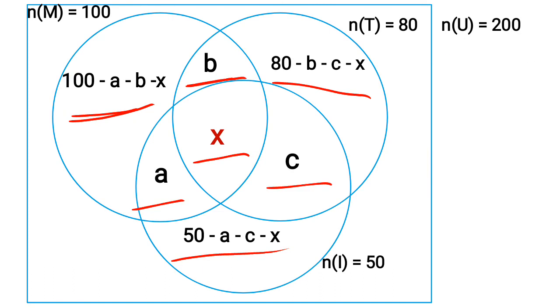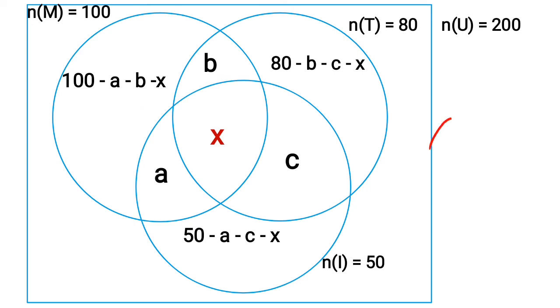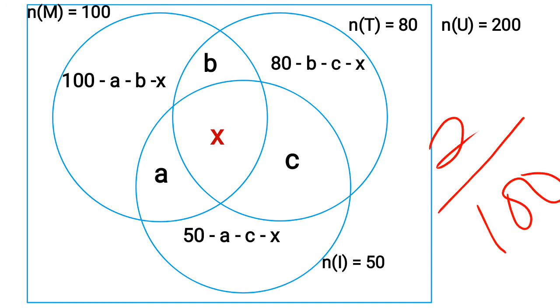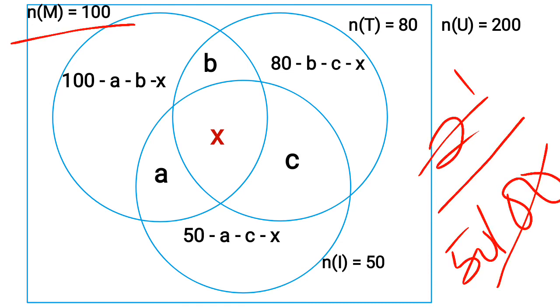That's going to be 2 because you have seen our x, that is those who had all 3 complaints, to be 2 over 100, that is those who complain of malaria. So 2 into itself, 1 into 100, 50. So that's going to be 1 on 50, 1 over 50.